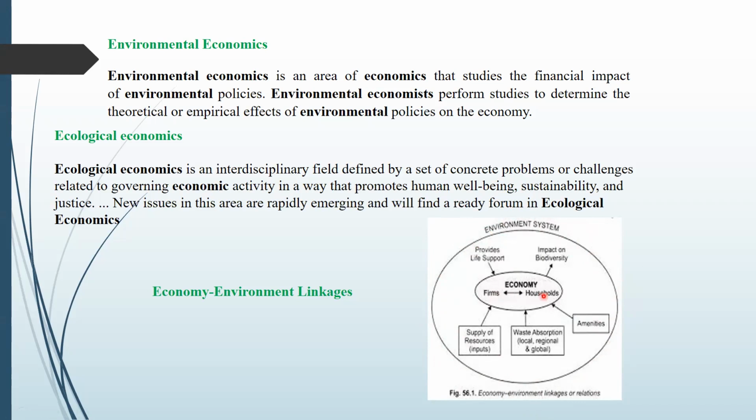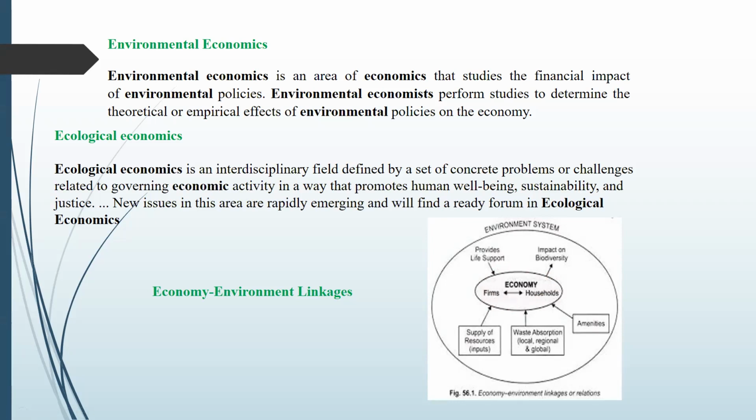Again, from the households the firms receive money for the goods and services they have rendered, and they use that money or resource for further economic activities, the further production of goods and services. In this manner, the economy operates.